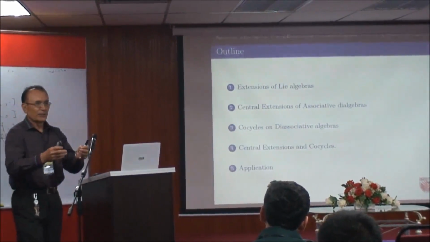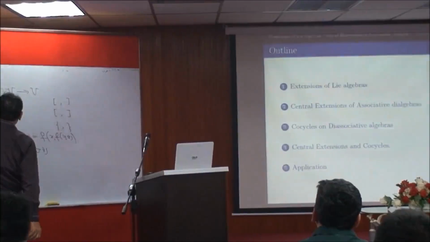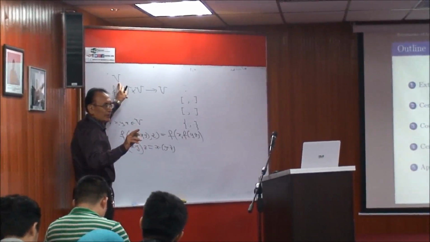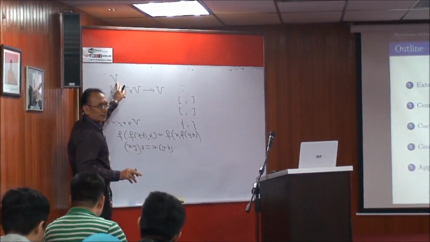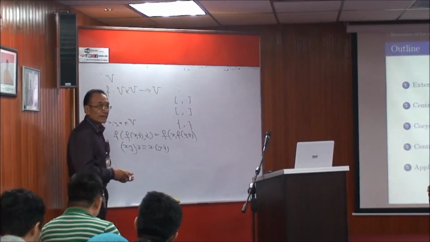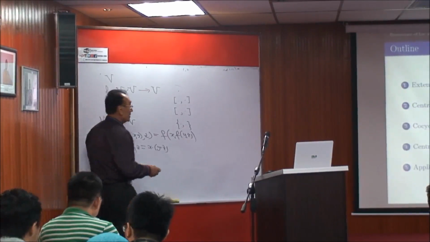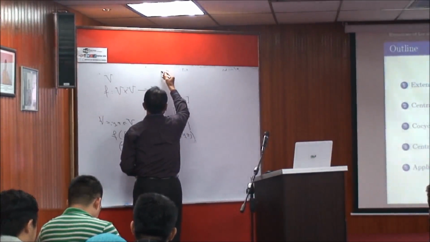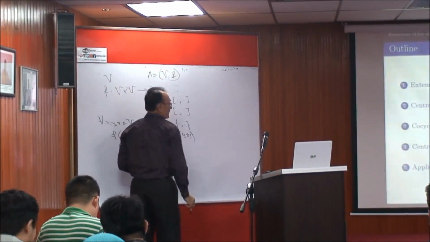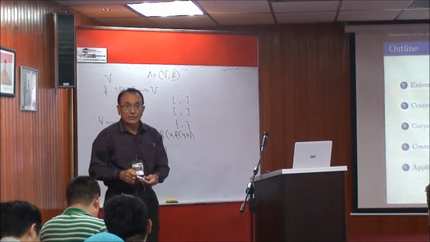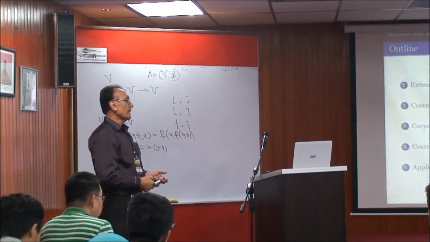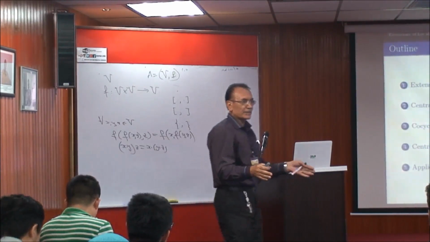Extension means you have an algebra. Let me focus on finite dimensional algebra. If your vector space is a finite dimensional vector space, then the algebra is called a finite dimensional algebra. The dimension of the algebra is the dimension of the underlying vector space. This is algebra E. If you extend dimension, then you will get an extension. But you cannot take any extension.